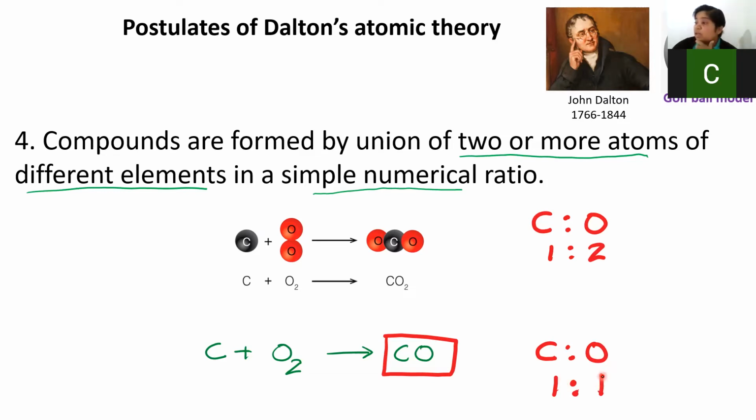So this actually says you have to use different elements. What will happen if you use the same element? Let's say if you use the same element, will you get a compound?